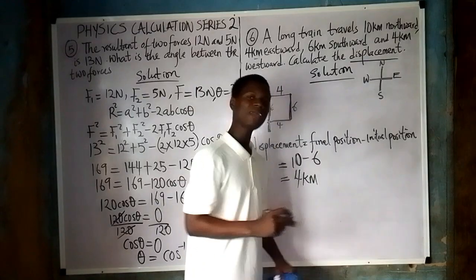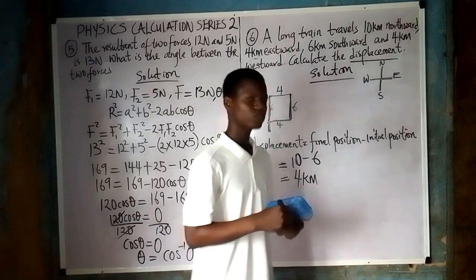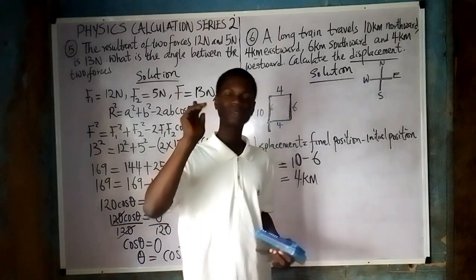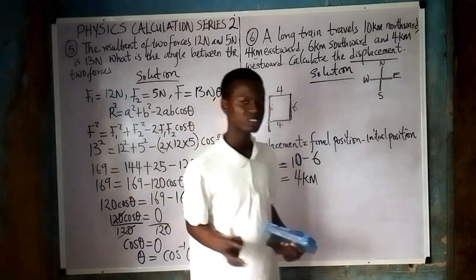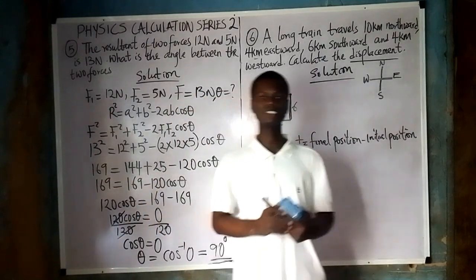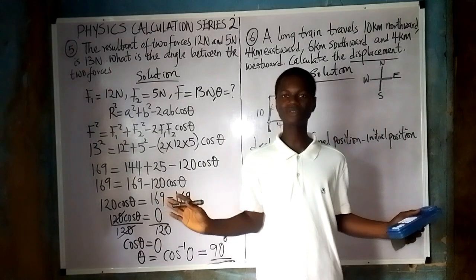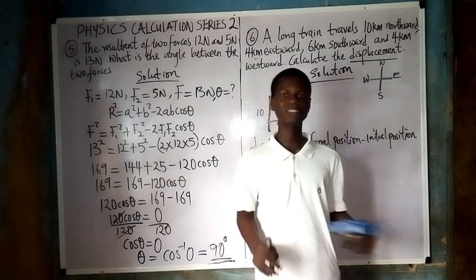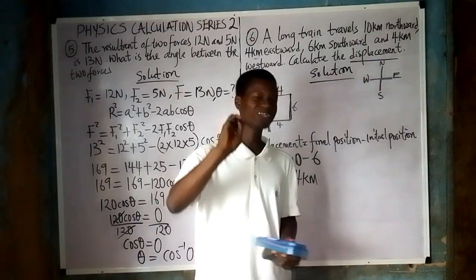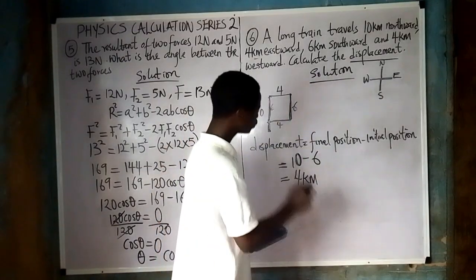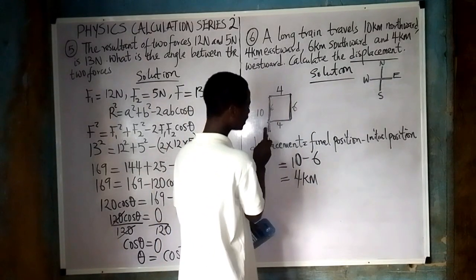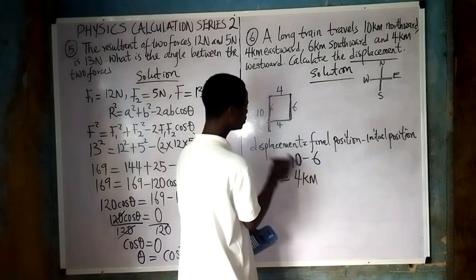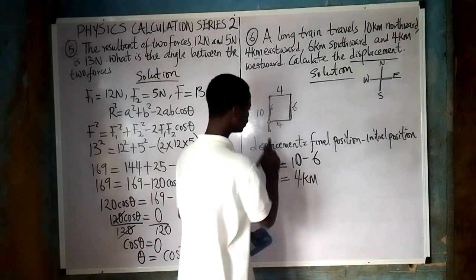Now mind you, in questions on displacement, sometimes you have to add the what? The direction the body is moving. That's why displacement is different from distance. Distance is just the total length covered, while displacement is the distance covered in a specific direction. So check. Originally the guy was there. Finally the guy was here. So this remaining 4 kilometers, in what direction is he moving? Is it not upward?